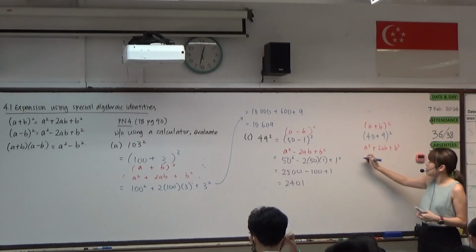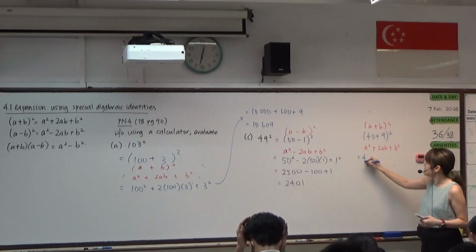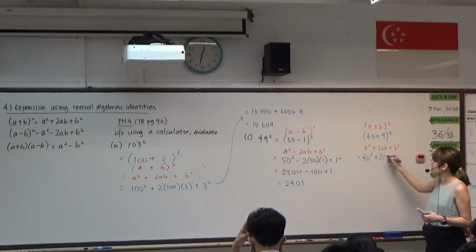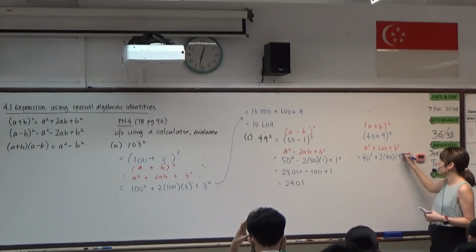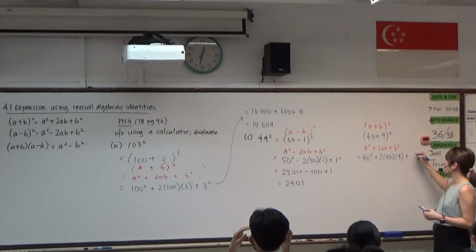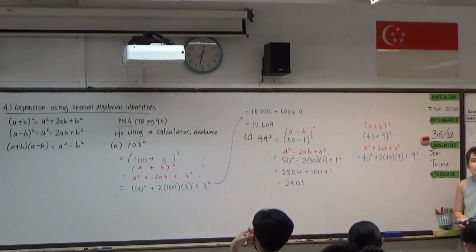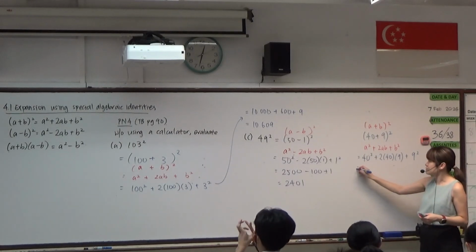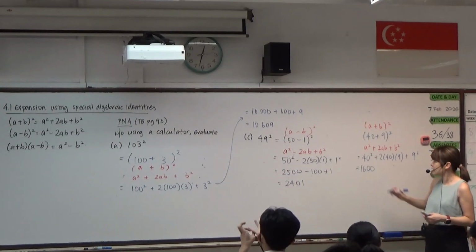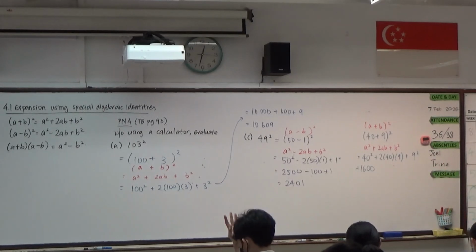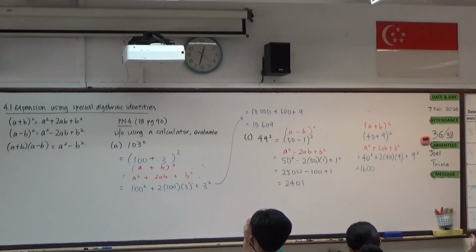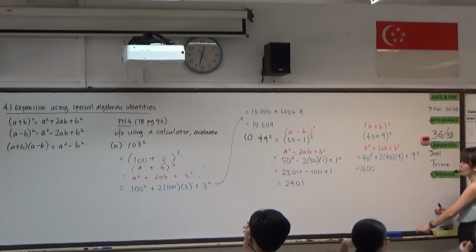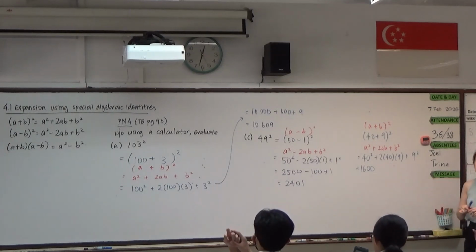That will give us 40 square plus 2 times 40 times 9 plus 9 square. 40 square: 4 times 4 is 16, adding another 2 zeros at the back. 2 times 40 times 9, that depends on yourself. Some of you may find it easy to calculate, some of you may not. 2 times 40 is 80.